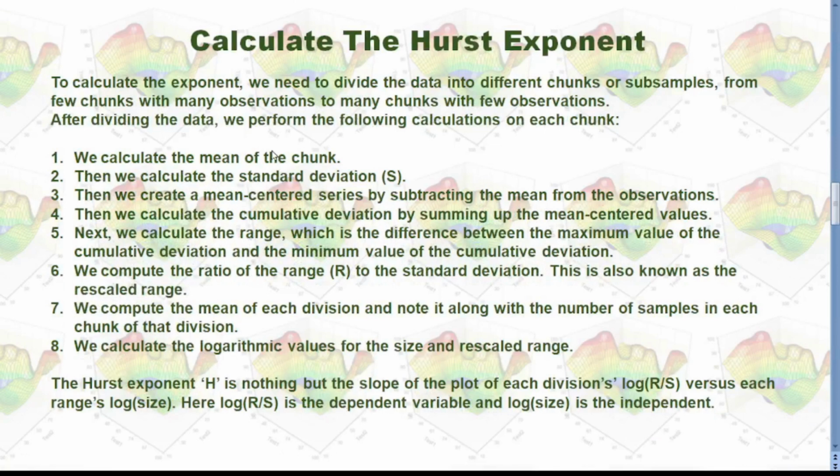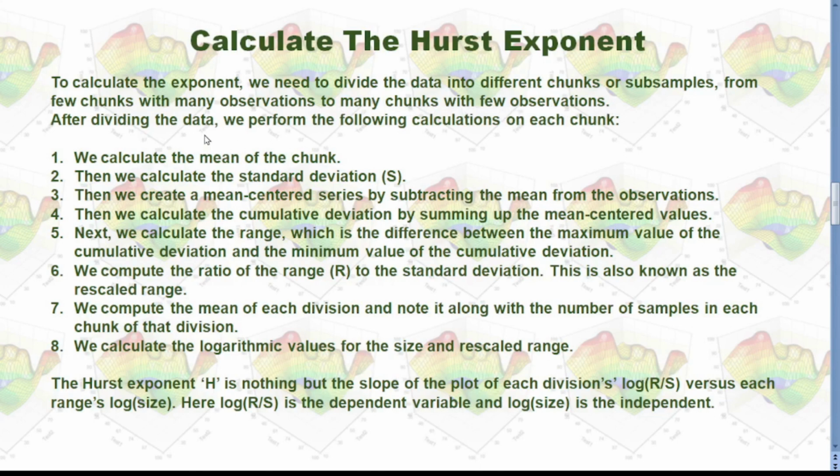This is how we can calculate the Hurst exponent. To calculate the exponent, we need to divide the data into different chunks or subsamples, from few chunks with many observations to many chunks with few observations.